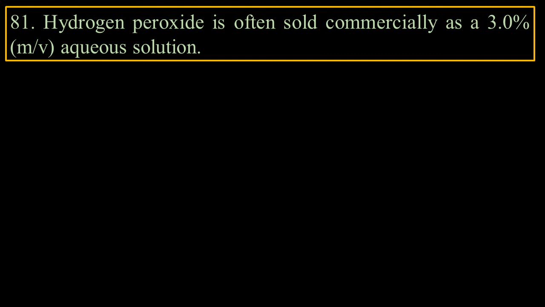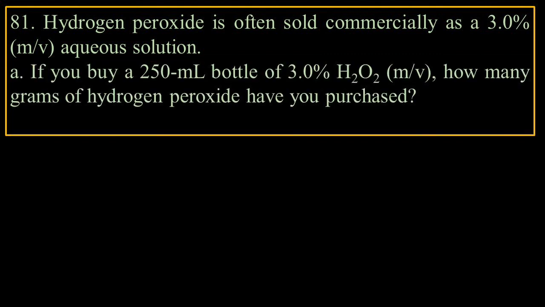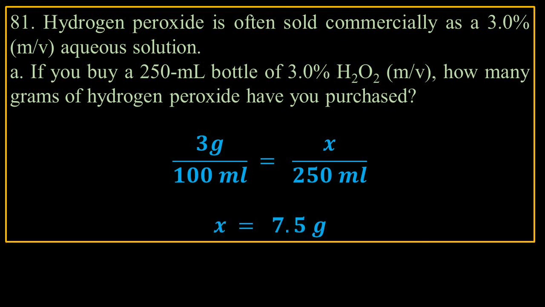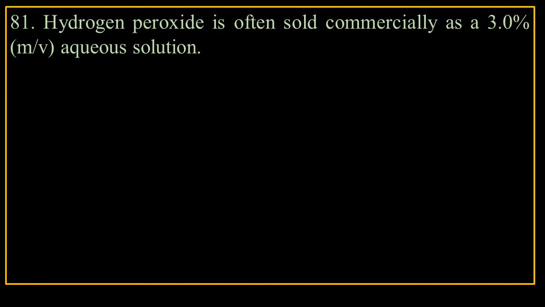when you add it to the 100. Hydrogen peroxide is often sold commercially as 3% by mass volume. If you buy a 250 milliliter bottle of 3% hydrogen peroxide, mass and volume, how many grams of hydrogen peroxide have you purchased? 3 over 100 equals X over 250, and that's going to be 7.5 grams. Hydrogen peroxide is often sold commercially.